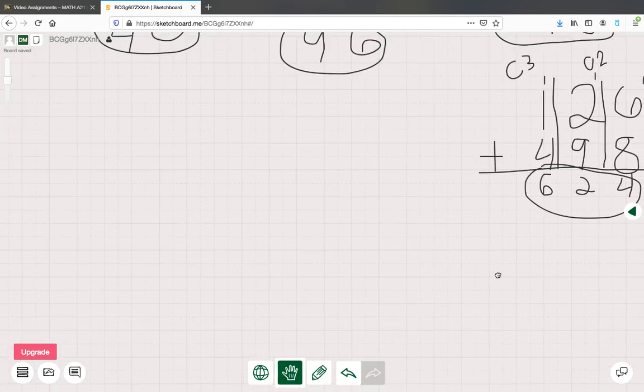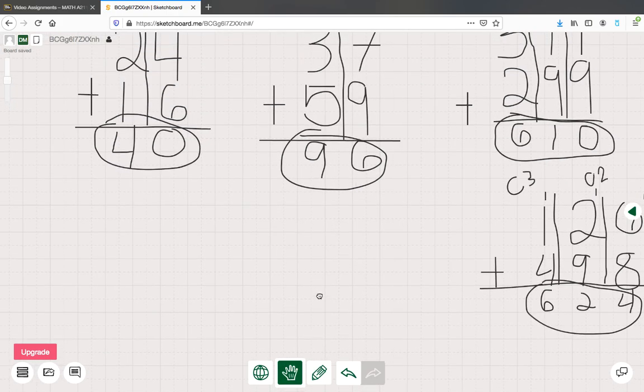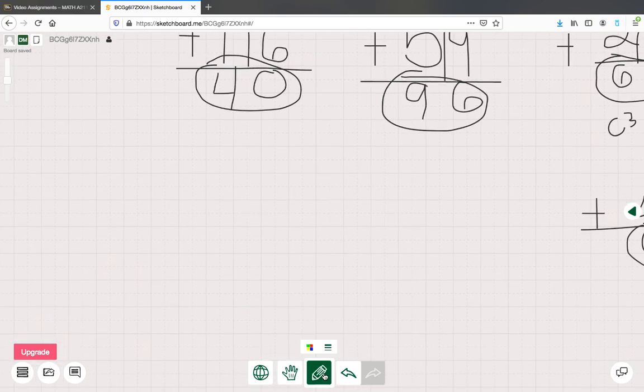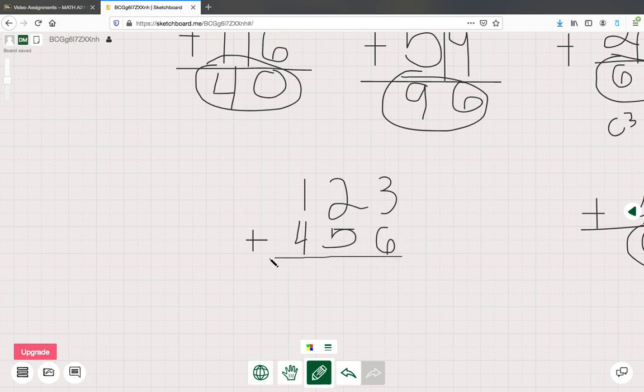The best thing to do when you're setting up an addition problem is write out your problem. So 1, 2, 3 plus 4, 5, 6. You write it out, and you immediately draw columns.